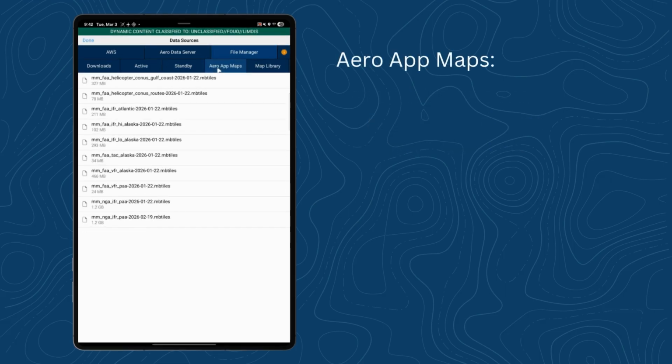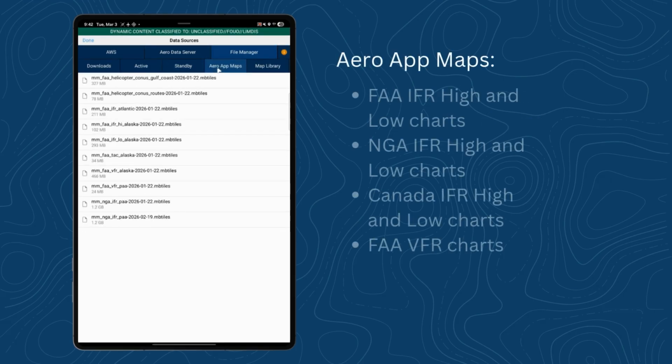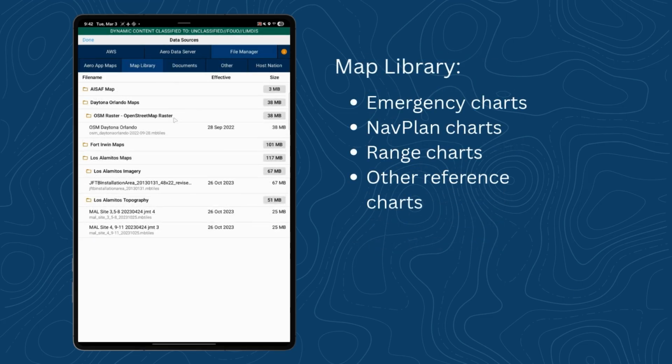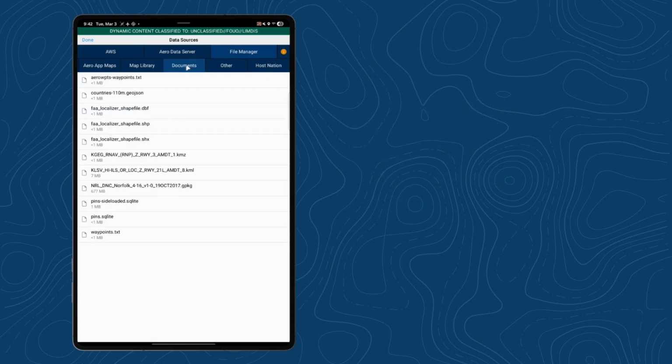Aero App Maps contains downloaded regional charts, including FAA, NGA, and Canada IFR high and low charts, as well as FAA VFR charts for the selected region. Map Library contains downloaded charts such as emergency charts, nav plan charts, range charts, and other reference charts.